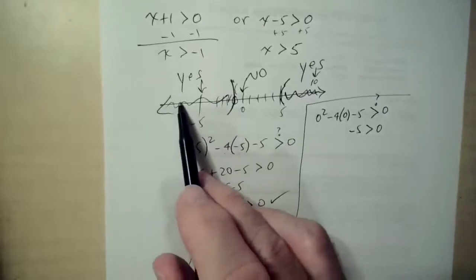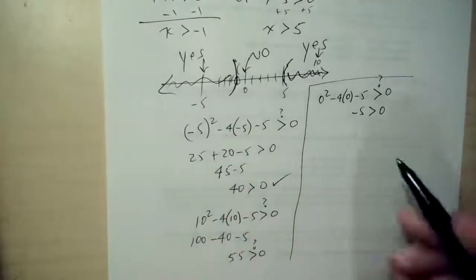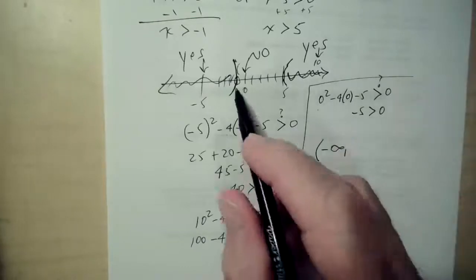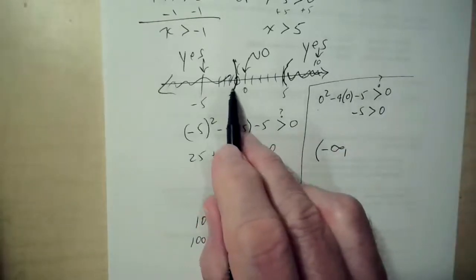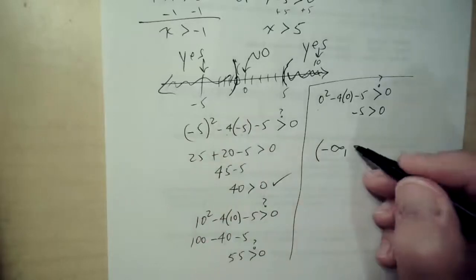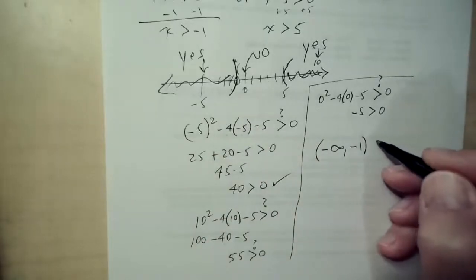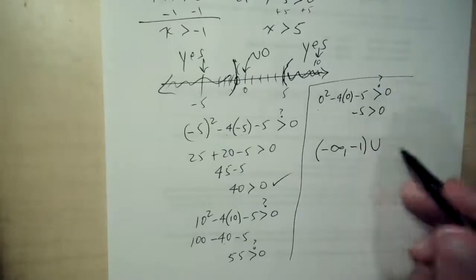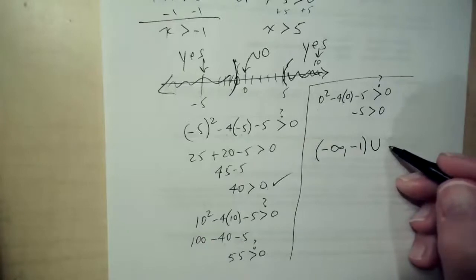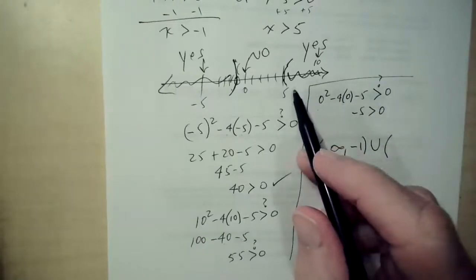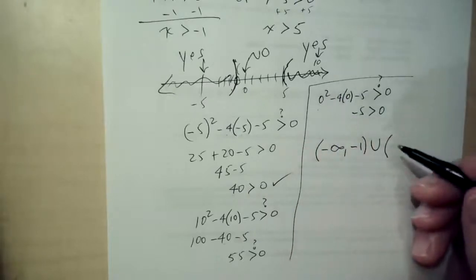So what is our interval notation going to look like? Remember, it's going to mimic our graph here. We're going to get negative infinity up to, now I've already forgotten what this is. Was it negative 1? And the union of means it's all of these numbers, not the intersection of, the union of.